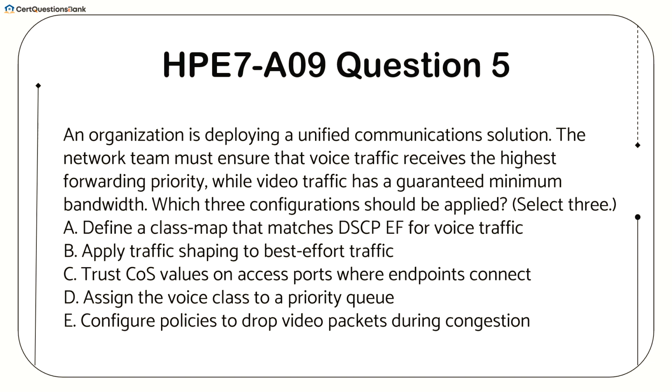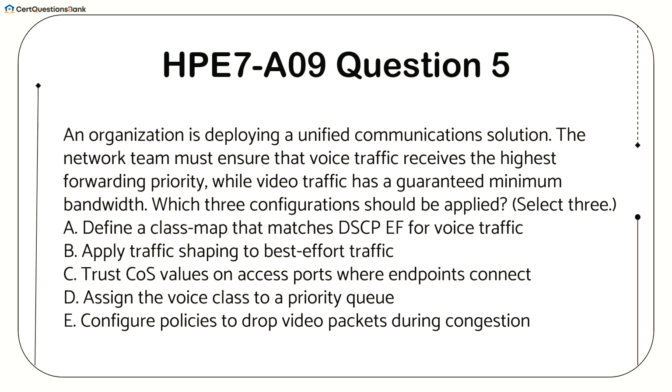An organization is deploying a unified communications solution. The network team must ensure that voice traffic receives the highest forwarding priority, while video traffic has a guaranteed minimum bandwidth. Which three configurations should be applied? Select 3. A. Define a class map that matches DSCP EF for voice traffic.